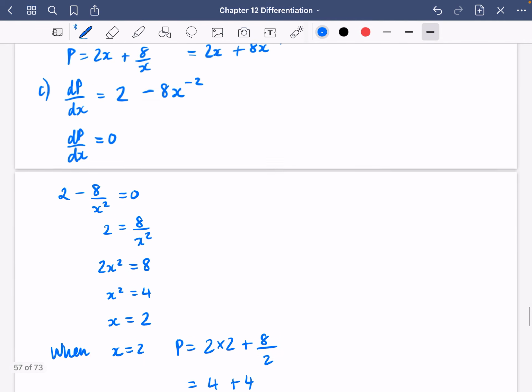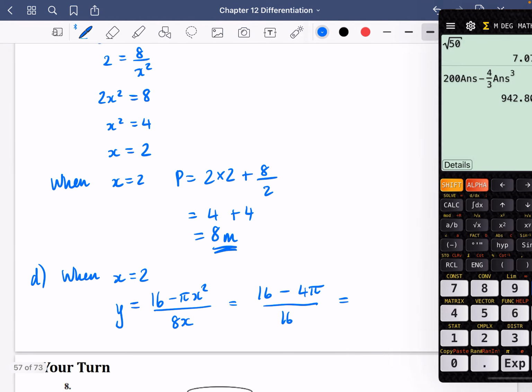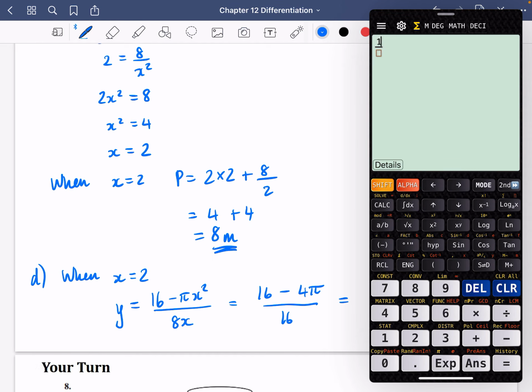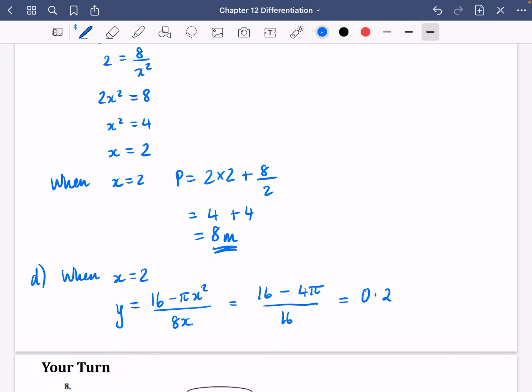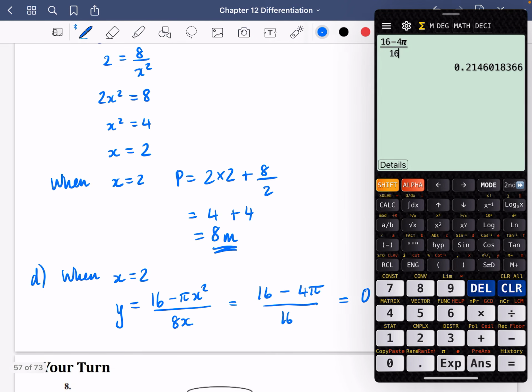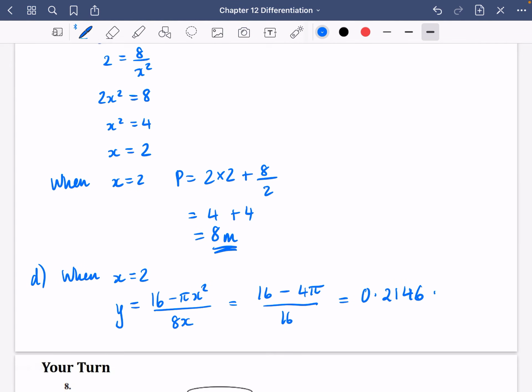Give your answer to the nearest centimeter. So I can actually just type this into my calculator straight away. So I'm going to do 16 minus 4 pi, and I'm going to divide that by 16. So this is 0.2146 meters.